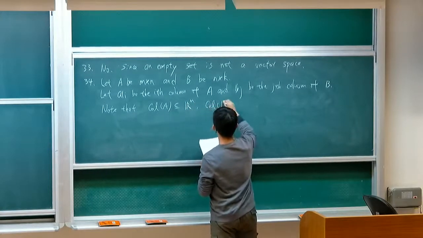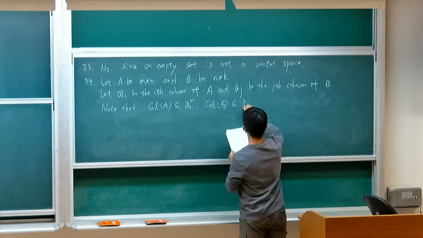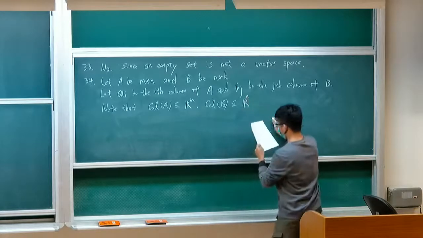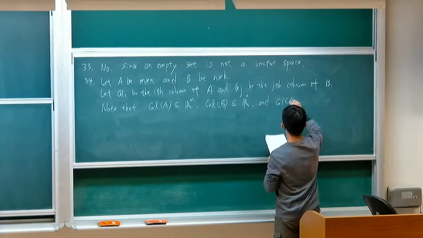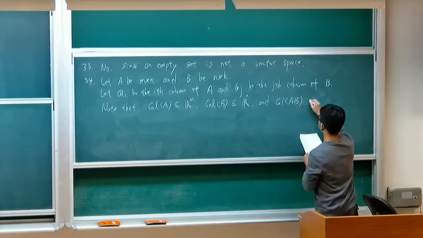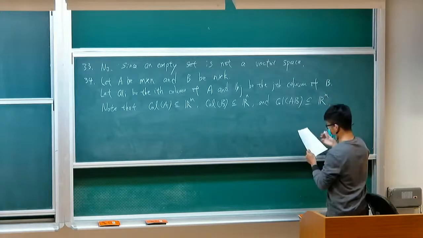The column space of B is a subset of Rn. And the column space of AB is a subset of Rm.